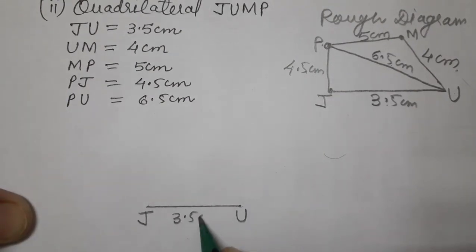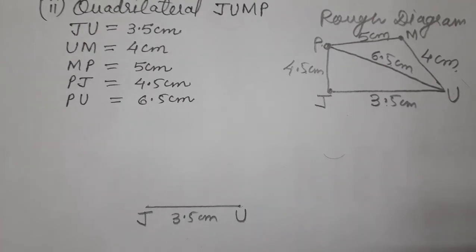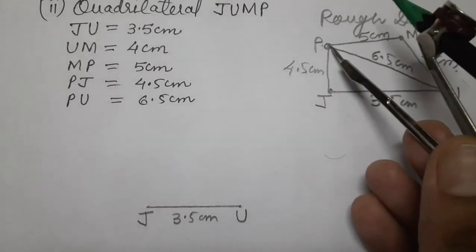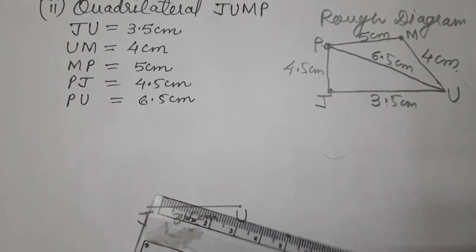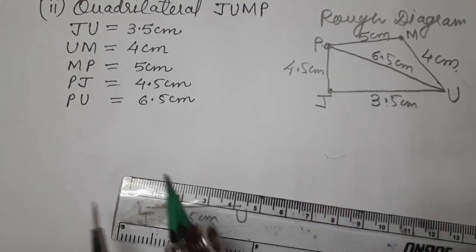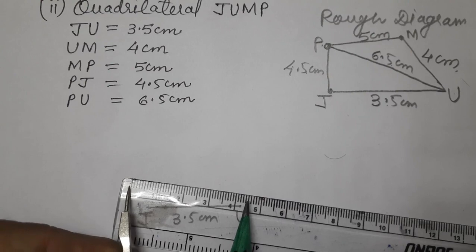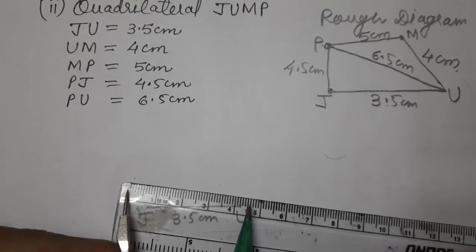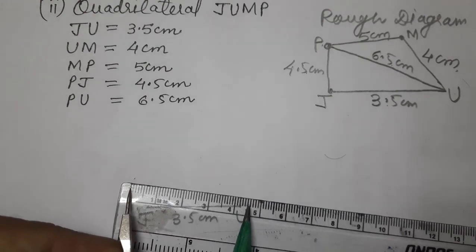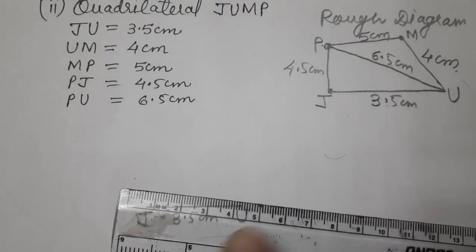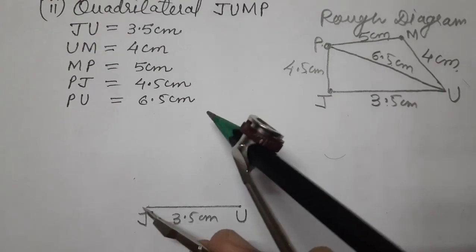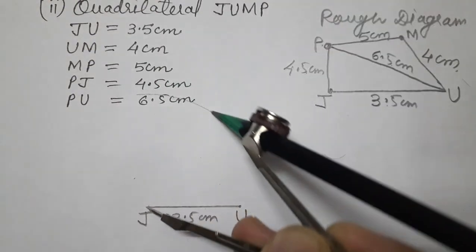Now we are going to take the compass. J to P is 4.5, so we'll take arc radius 4.5. Take this arc radius 4.5 and draw an arc.